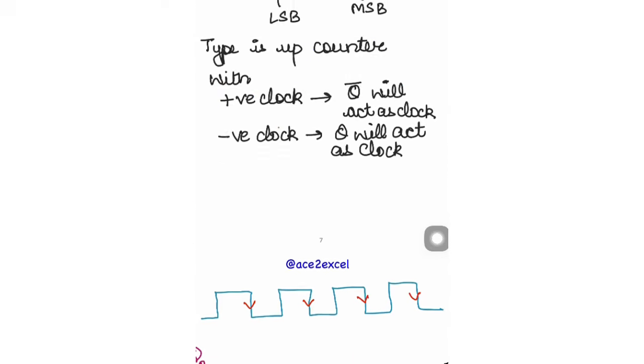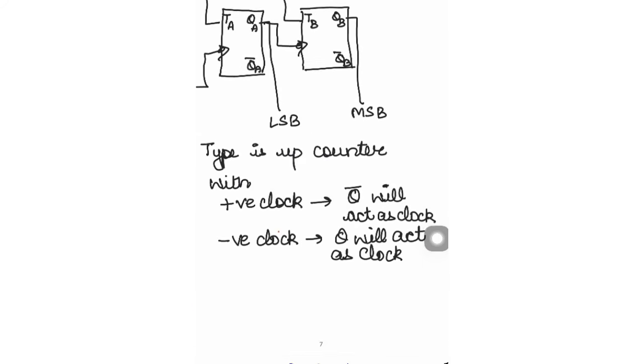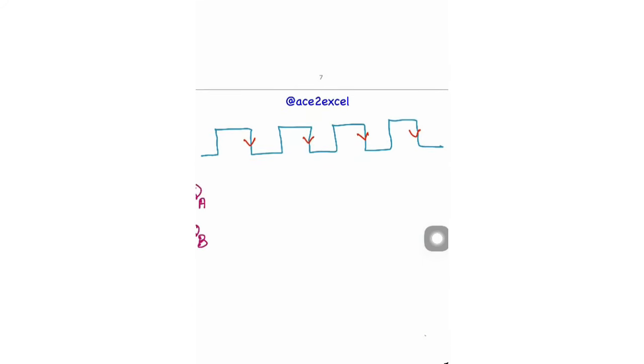Do keep in mind, as the circuit shows, QA is LSB, QB is MSB, and LSB always changes its state. Putting a dotted line at the negative edge triggered clock so that you can understand how the state changes. Now, first QA changes its state. When QA changes its state, the timing diagram of QA is as shown.